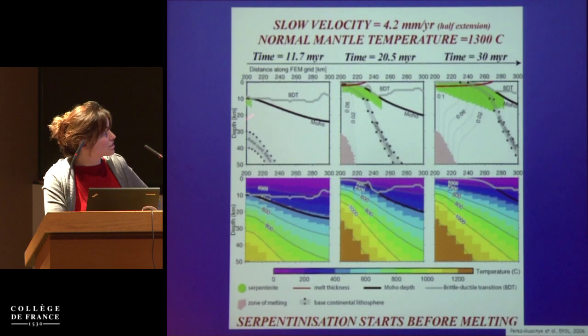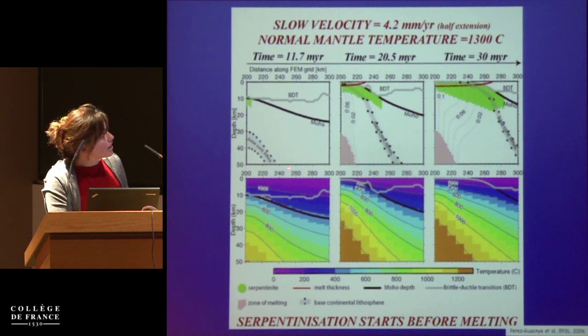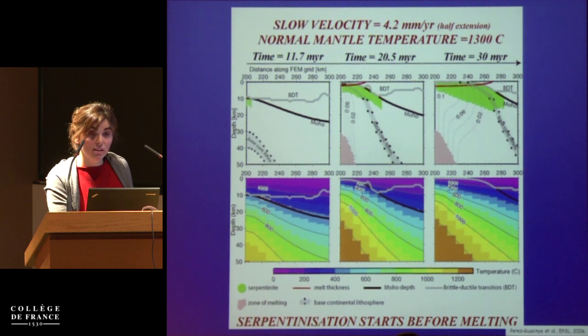Okay, and this is one of these numerical experiments with no strain localization. So this is progressive extension. Here you see the Moho, the brittle-ductile transition, and at this point faults get into the mantle, they bring sweet water, they serpentinize, the green is serpentinite. This is the base of the continental lithosphere. Because this is very slow, melting only starts once the mantle has been exhumed at the surface.